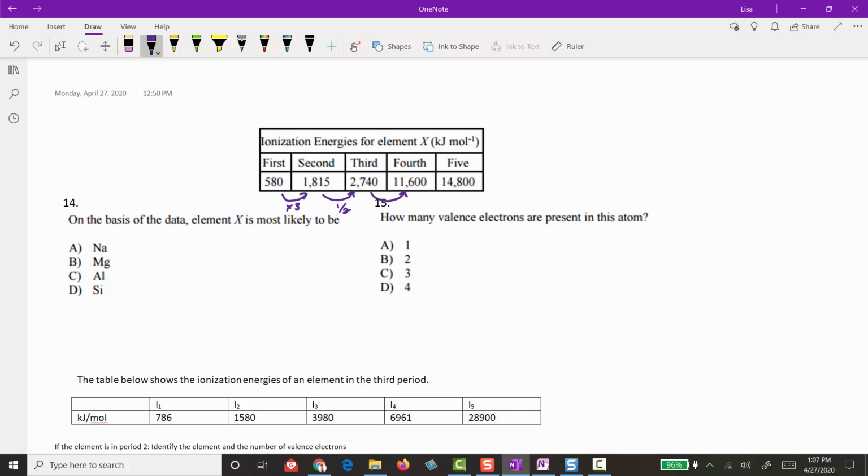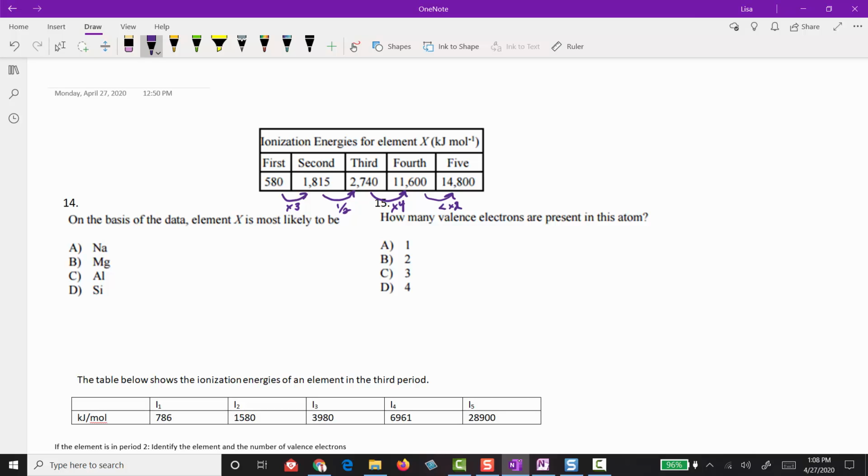Here, it goes up almost 4 times, maybe a little more than that. And this one, again, it's not even double. So we'll just say less than times 2.